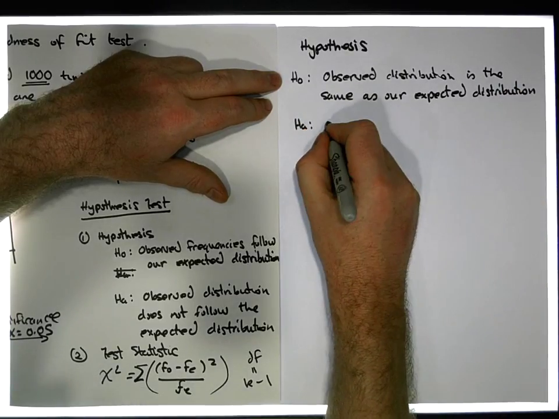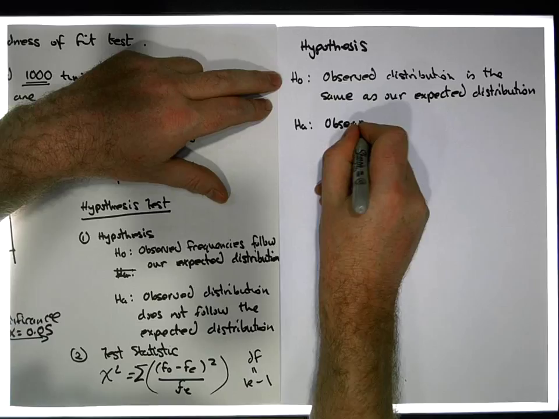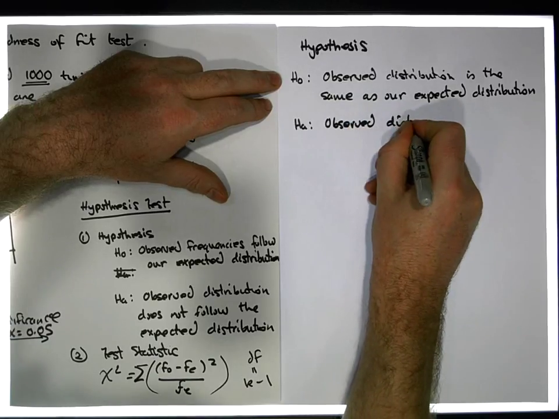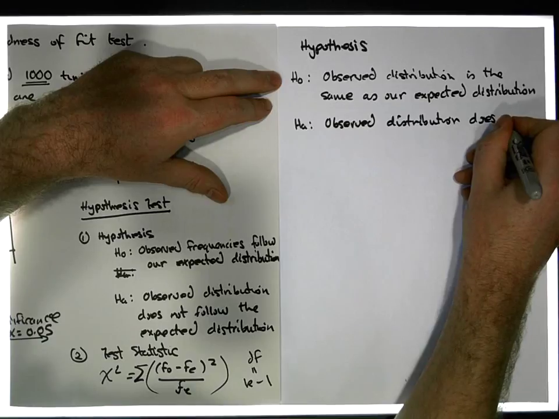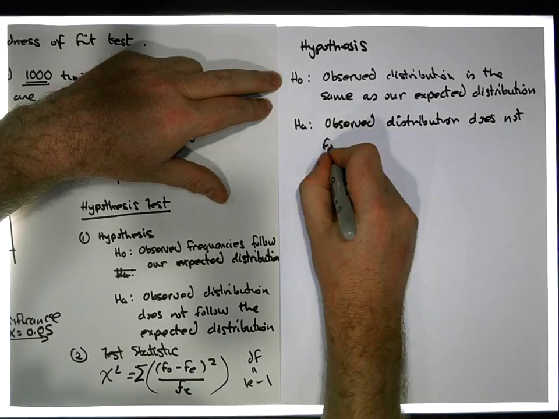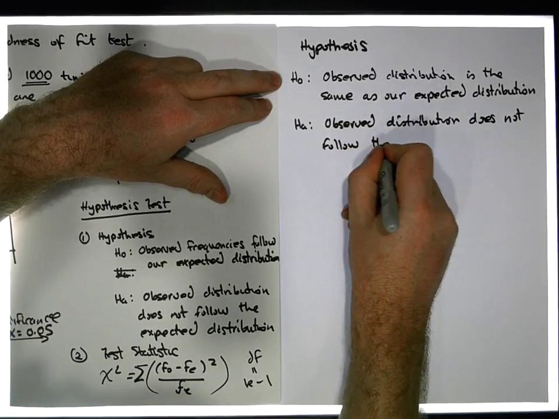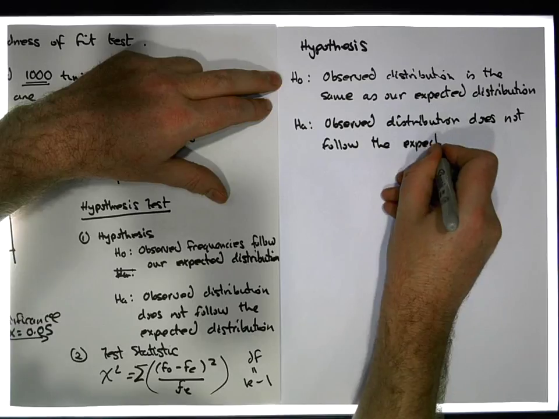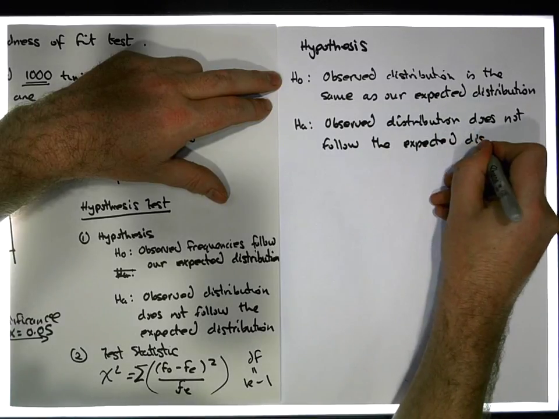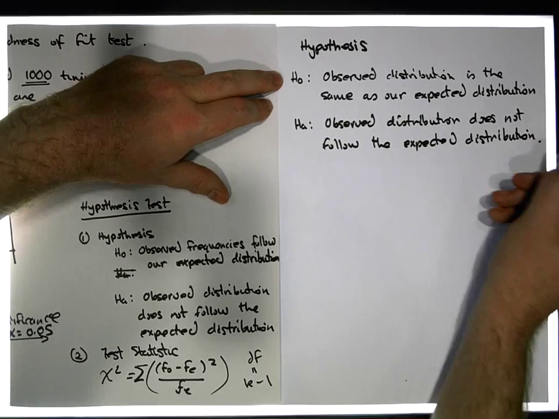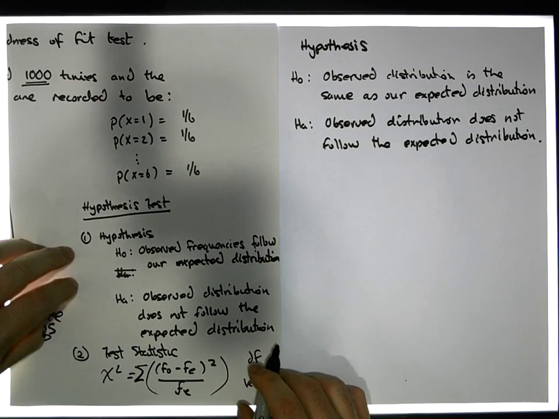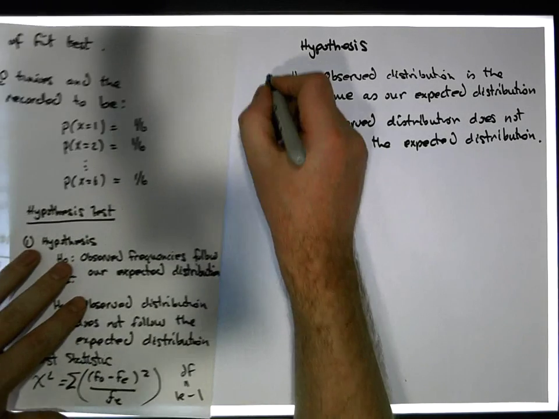That the observed distribution does not follow the expected distribution, and don't forget the expected distribution being that everything is as equally likely as everything else to happen. Okay, that's the first thing in our hypothesis test.